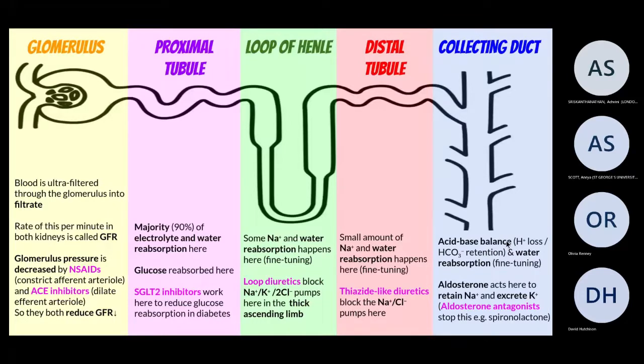If you need to, you can hold on to or lose more hydrogen ions or bicarb, and your kidney's got a very complicated mechanism for retaining bicarb, which, to be honest, I think Seaman Rice tries to teach you. I would just forget it. I don't think you really need to know it. I don't bother. But it also does the water reabsorption through the action of ADH, introducing those aquaporin channels. Also, crucially, this is where aldosterone acts.